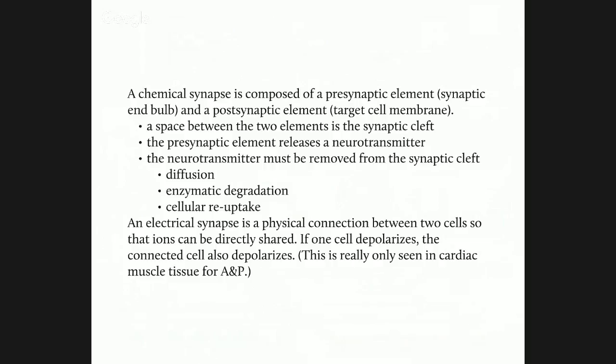What I put in here, helping to define the chemical synapse, tells you what the elements of it are. An important part to consider is that the chemical signal will cause changes in the target cell, the postsynaptic cell, as long as it's there. So we have to remove the neurotransmitter from the synapse, and there are basically three ways that can happen. Either it can just diffuse away, which is not a great way because that chemical could go somewhere else and have an effect.